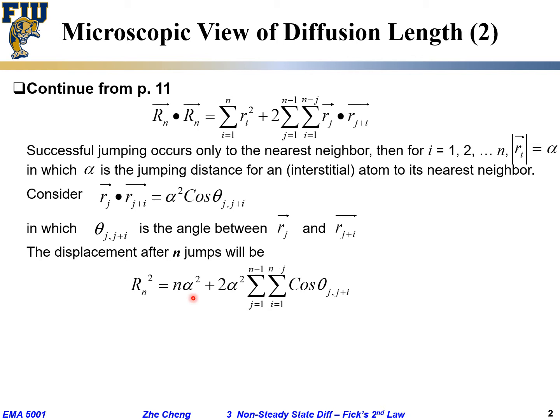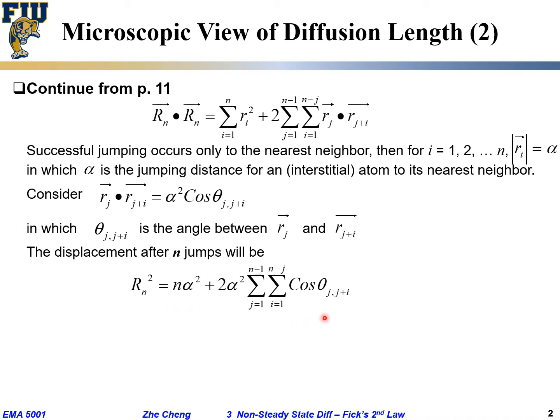Alpha square times n, and then 2 alpha square, with j plus i becoming alpha square, and the cosine theta. Of course, we still keep this double summation. Okay? This is how we go from the dot product of vectors to the square term.